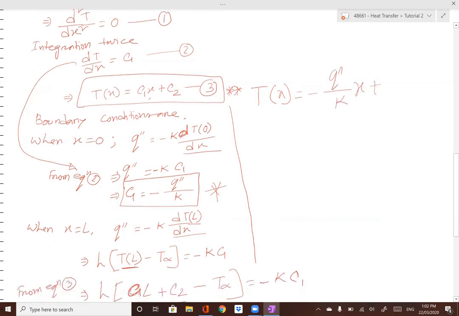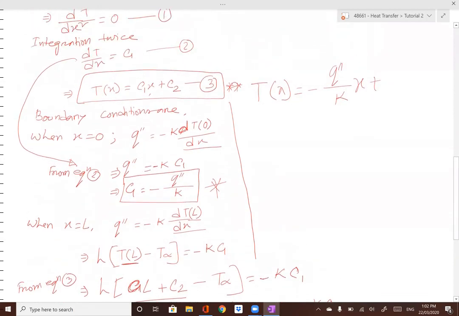C2 from our last calculation will be T alpha plus heat flux times the conduction length. So we can simplify more: T(x) = T alpha plus heat flux over K times (L minus x plus 1 over h).